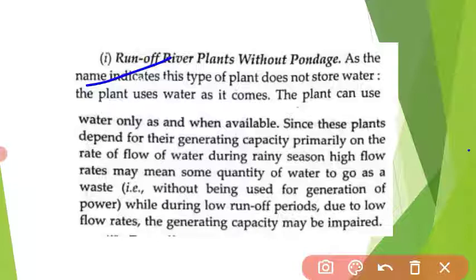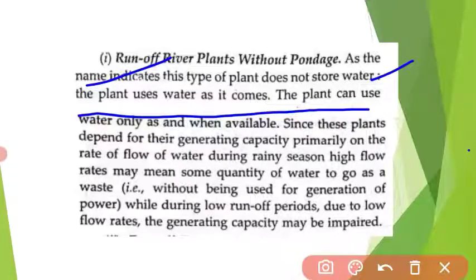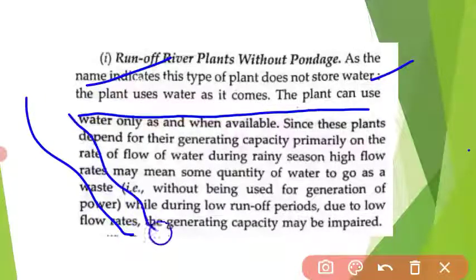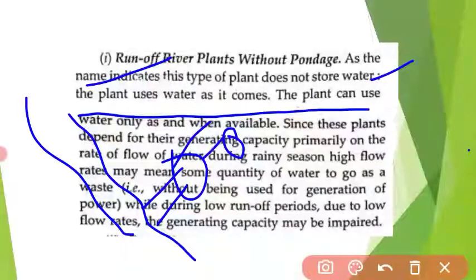This type of plant does not store water; it uses water as it comes. The water is taken off and given to the turbine, and the turbine generates mechanical power, which is coupled to the alternator, and the alternator generates the electricity.